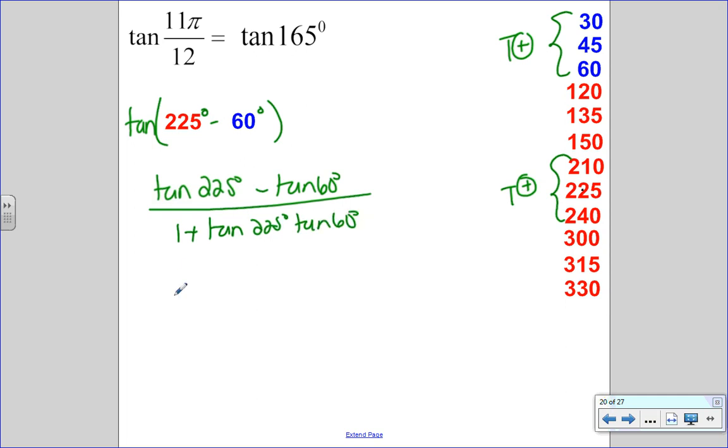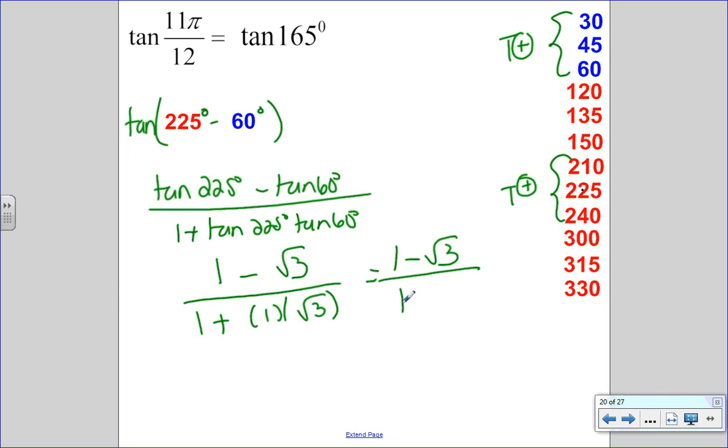Looking at this, tan of 225 is 1, minus tan of 60 is root 3, over 1 plus tan of 225, which is 1, times tan of 60, which is root 3. So this is just 1 minus root 3 all over 1 plus root 3.